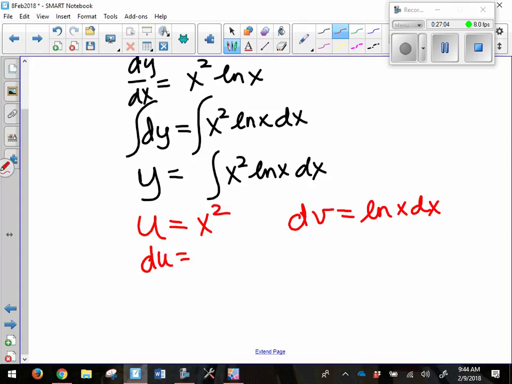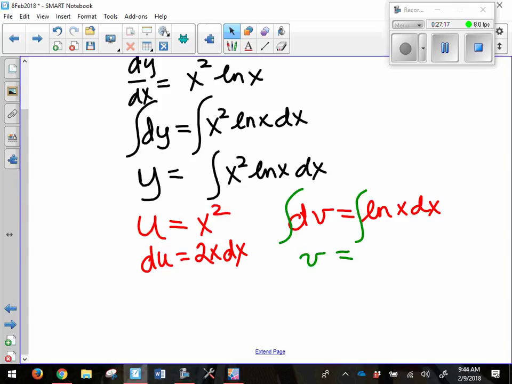So what's du going to be? And then I'm going to integrate here. And what's v going to be equal to?